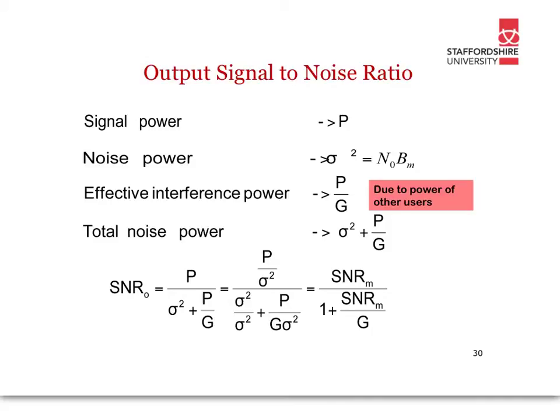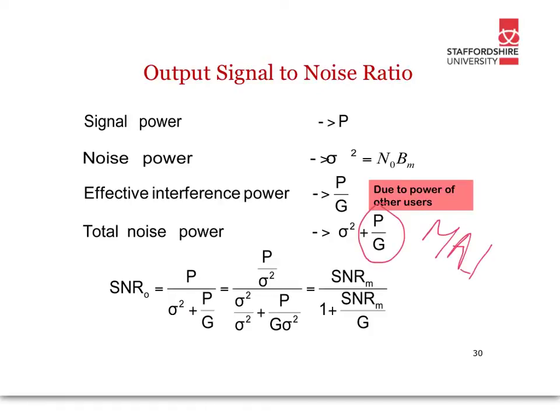The total noise power is therefore the variance, or the sigma squared, plus P over G. So the interference power, or the multiple access interference, MAI, is the power from other users transmitting on this network at the same frequencies.